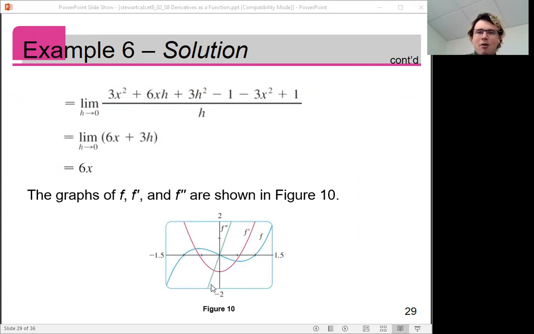For all the values of x where my green curve is negative, then my parabola in pink has negative slope. Whenever my f double prime in green is positive, my f prime in pink has a positive slope. Okay.